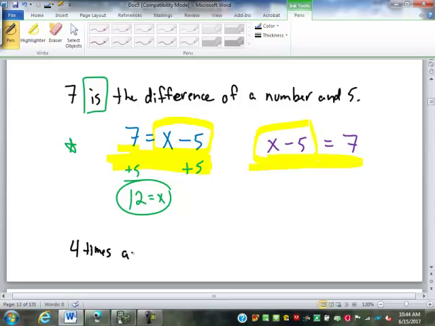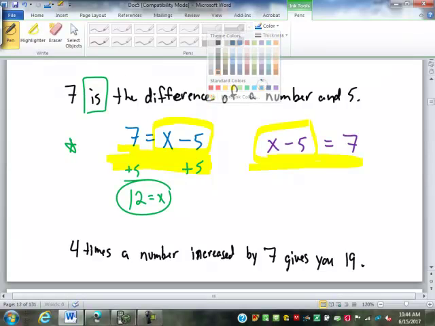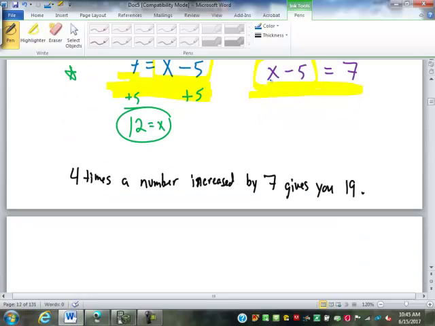So 4 times a number increased by 7 gives you 19. I worded this one a little differently on purpose to see what you can pick up on. I'm just going to put the equal sign here.